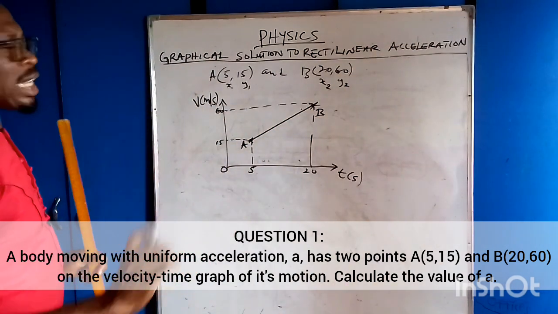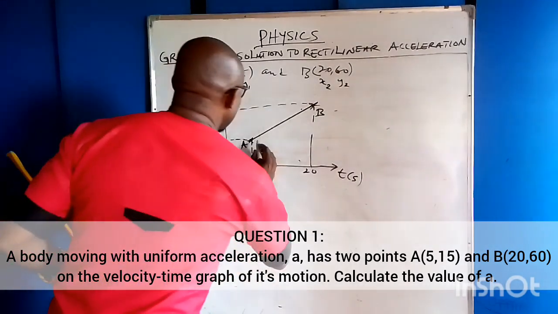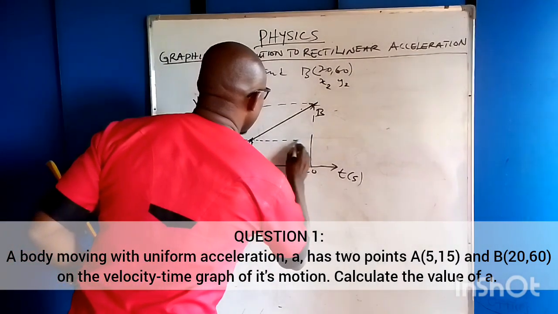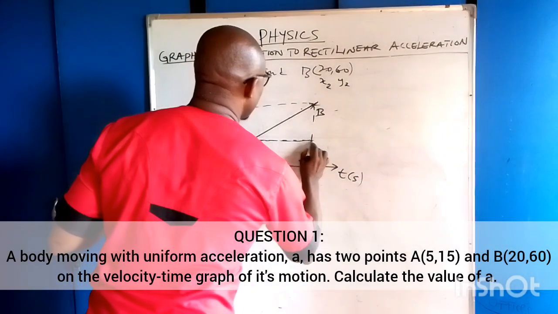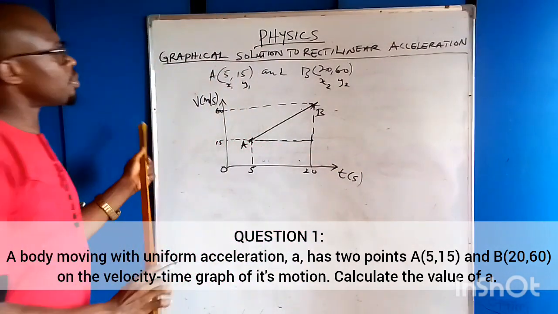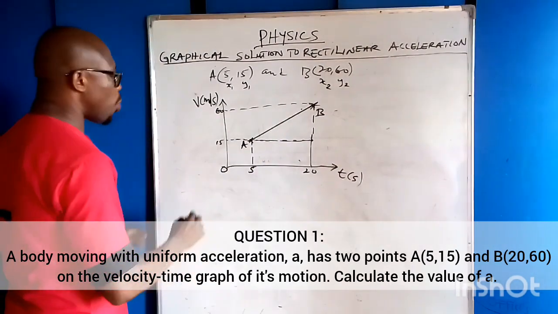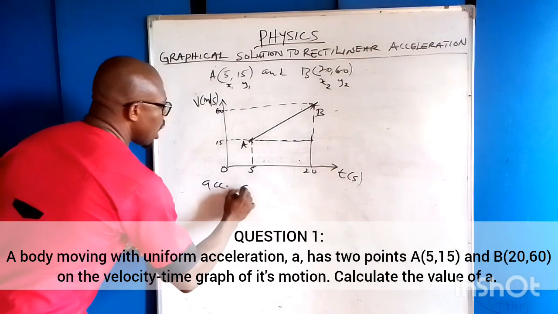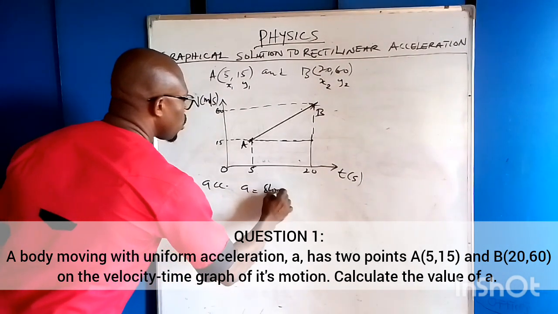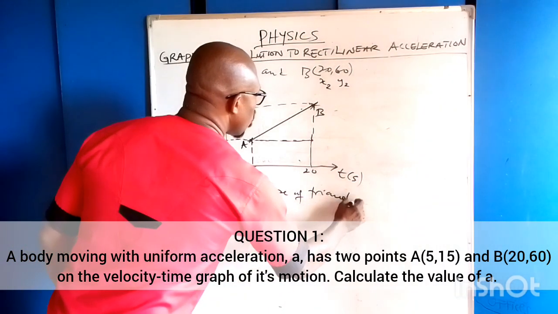Since they say calculate the acceleration, all we need to do is fix in a triangle here. Since this is our triangle, we take the slope of this triangle. The acceleration A is the slope of the triangle.